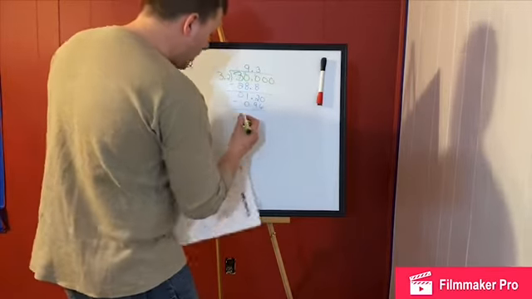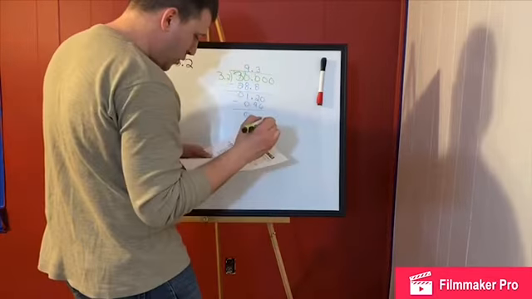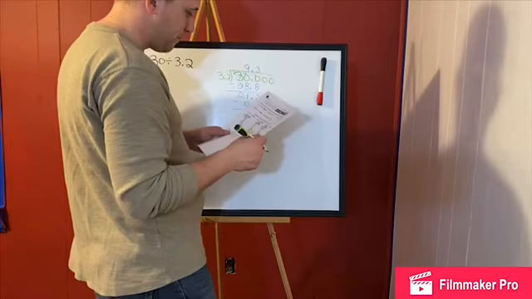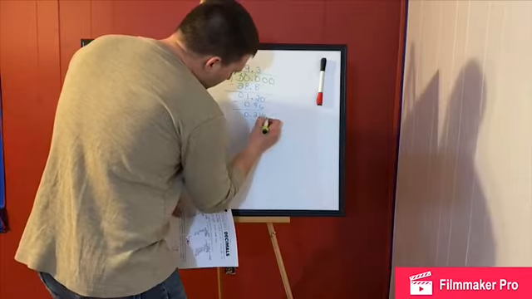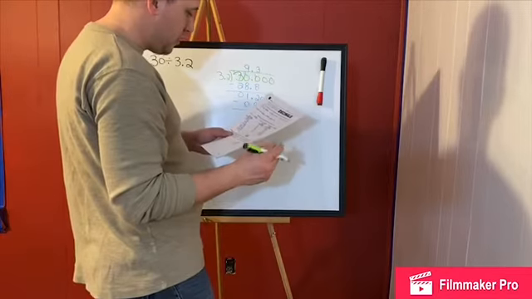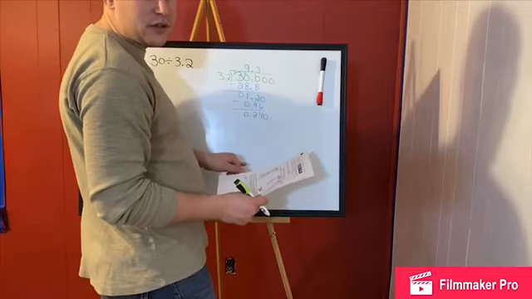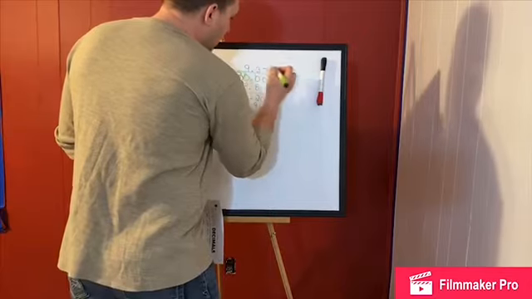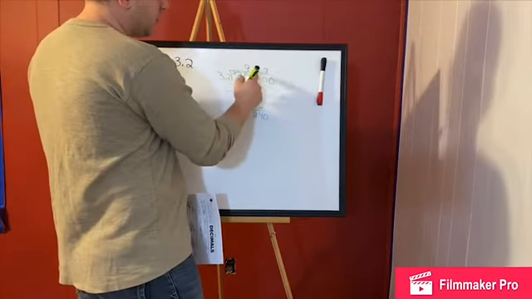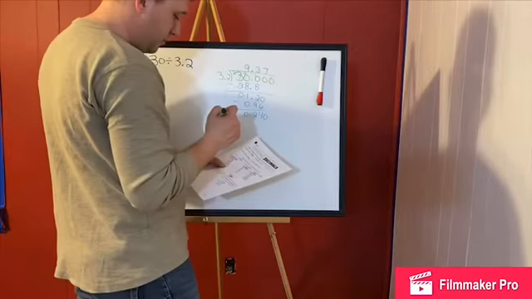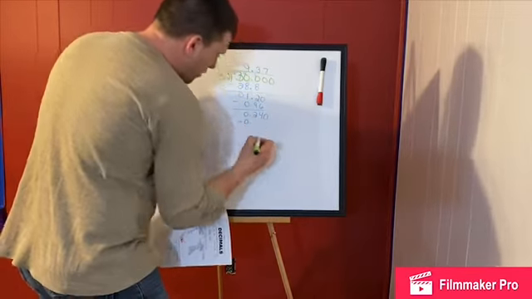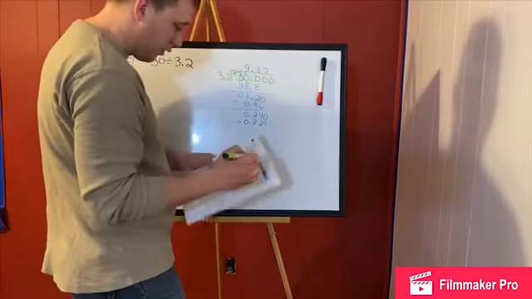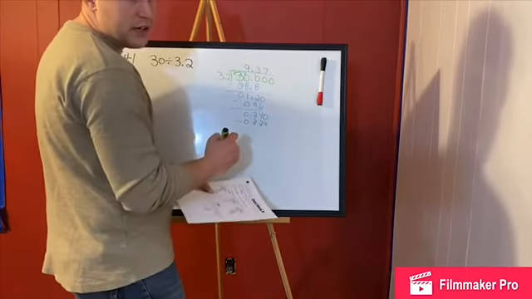So when we subtract that, we get 0.24. Let's drop our other 0 down. Let's see what the next closest number we can get to this is. If we multiply 0.07 by 3.2, we get 0.224. That's as close as we can get to 0.24.